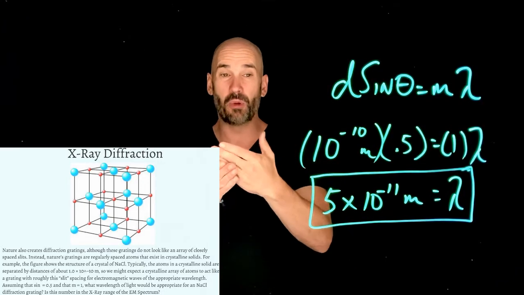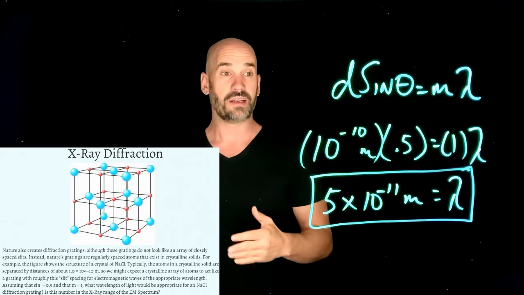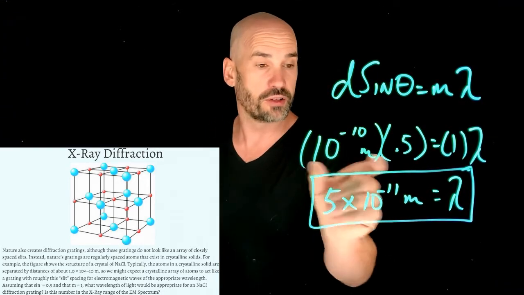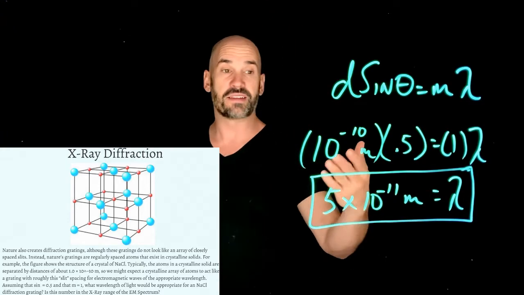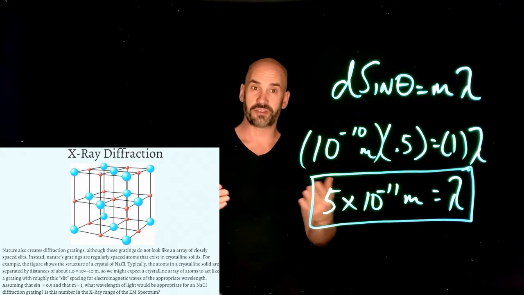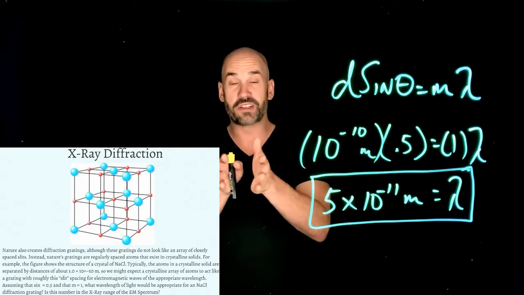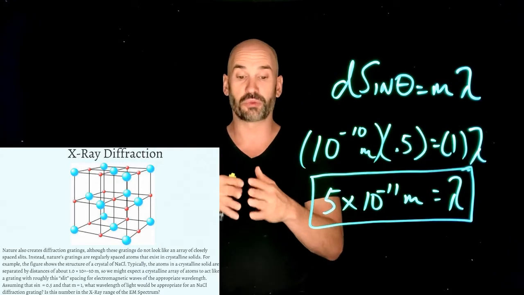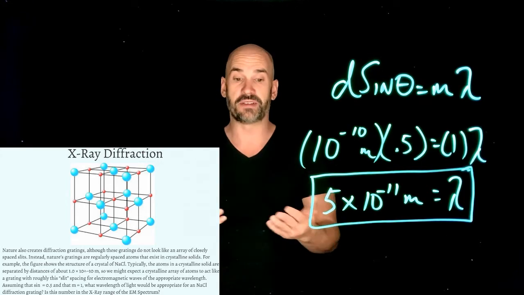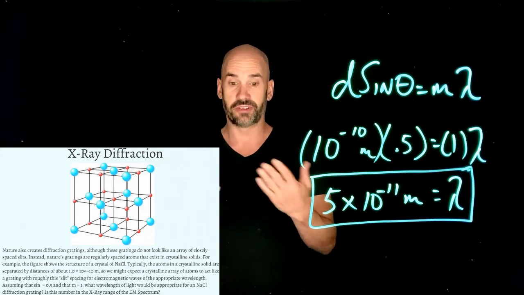In fact, there'd be mostly reflection that would happen. But something that's much smaller, like 5 times 10 to the minus 11 meters, can actually diffract and create diffraction patterns through the crystalline spacing between atoms in crystalline substances.